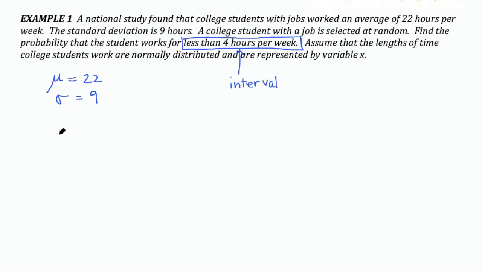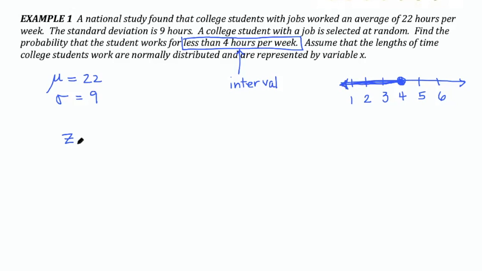You will begin the process following the 2 steps we mentioned above. First of all, I want to find the z-score for the value that forms a boundary for our interval. I want less than 4 hours per week. So if we thought of that in terms of a number line, 4 is my boundary, and then I would want the interval to the left, the numbers that are less than 4.